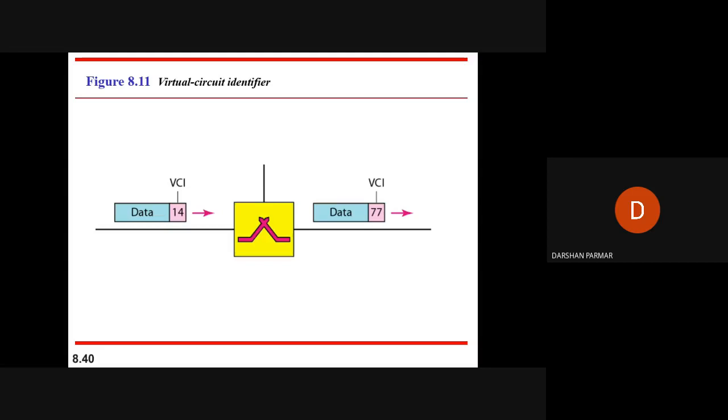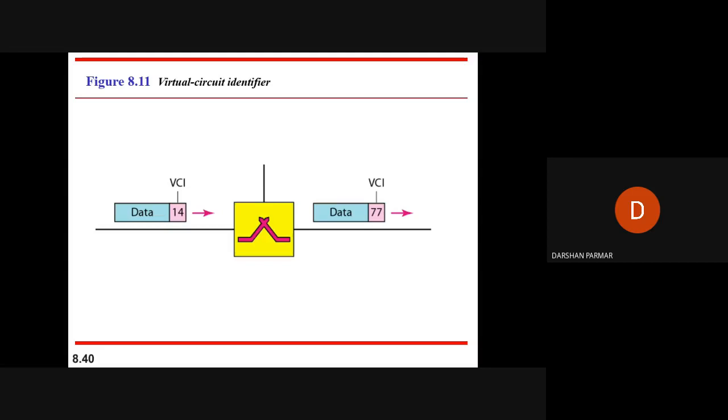This number, or you can say this address, is used to know that our switch has changed, or we have passed that switch, or we have crossed that line and we now have a different switch, or we are traveling through different switches.